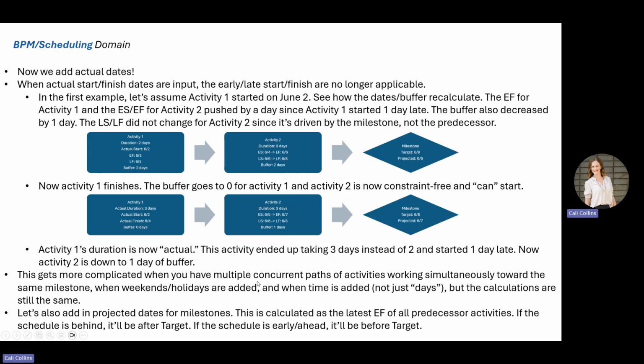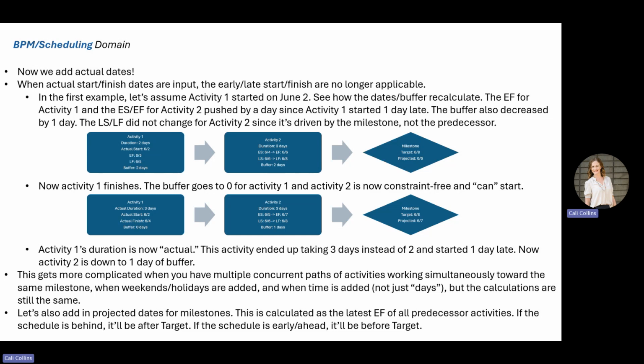So now let's start adding in some actual dates. When adding in the actual dates, the early and late start and finish are no longer necessarily applicable. In this first activity, let's assume that activity 1 actually started on June 2nd. Remember from the previous activity, it was planned to start on the 1st, but let's say we actually started it on the 2nd.